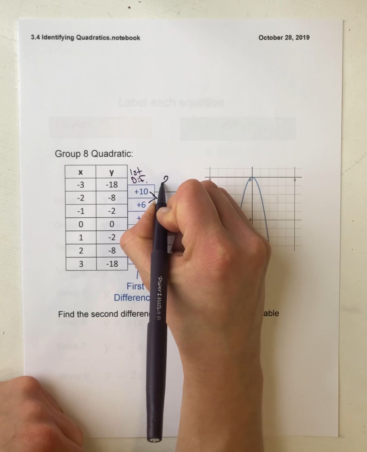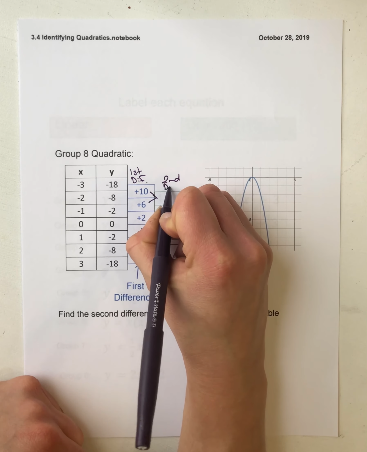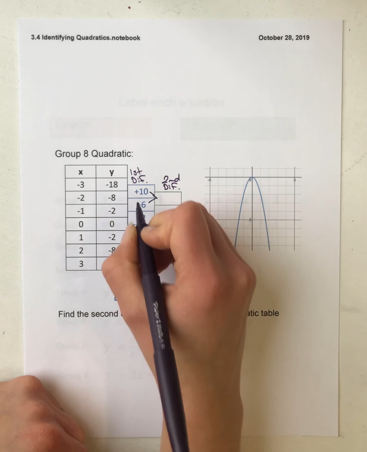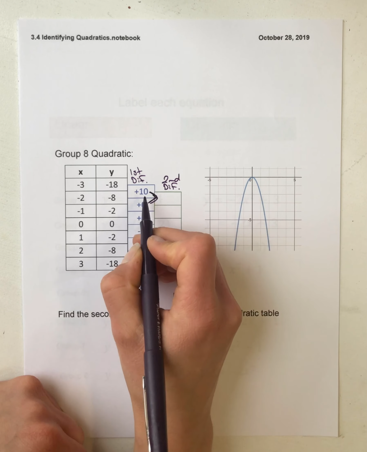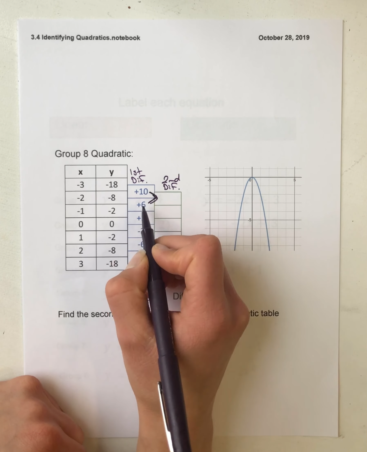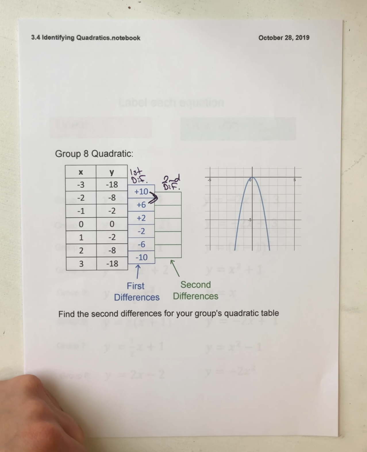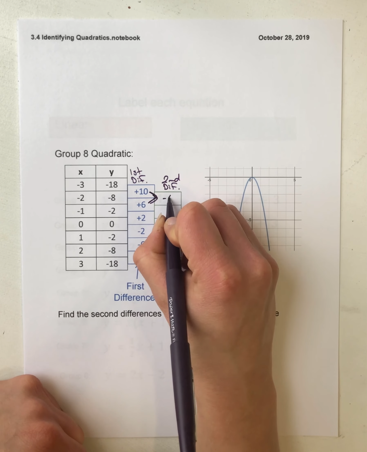Now we go to our second, and we figure out the difference between 10 and 6. To go from 10 to 6, there is a -4, right?